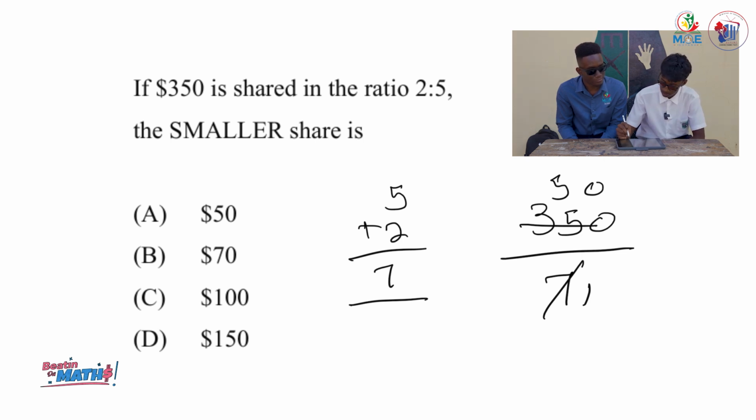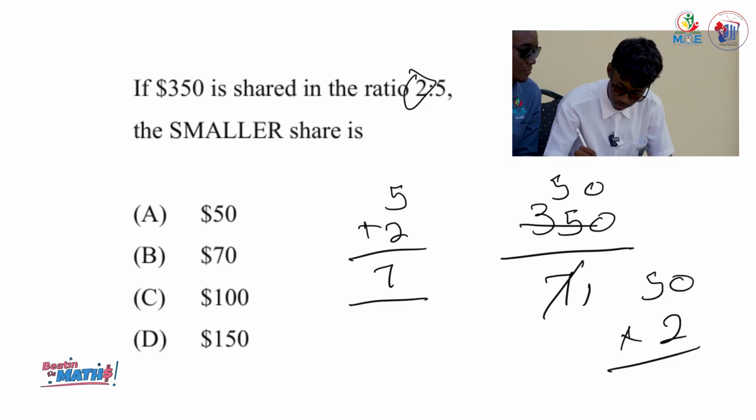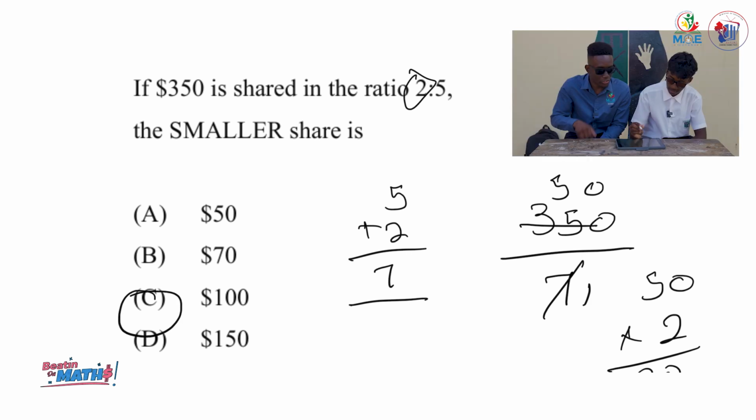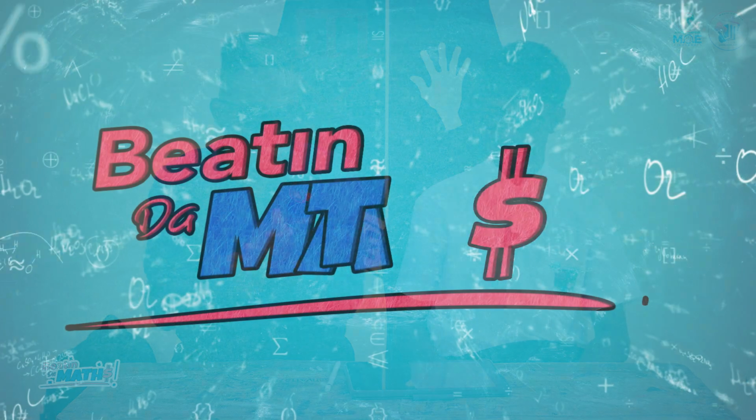Now to find the smaller share, which is 2, you want to multiply 50 by 2 to get 100, and your answer will be C. So when you divide 350 by 7, you found the value for one share. Yes, sir. And then to find the value for the smaller share, you multiply by 2. Yes, sir. Very good. Do you think you beat the maths or the maths beat you? Nah, I definitely beat the maths here, sir. You beat the maths. So let's give him a round of applause. All right.